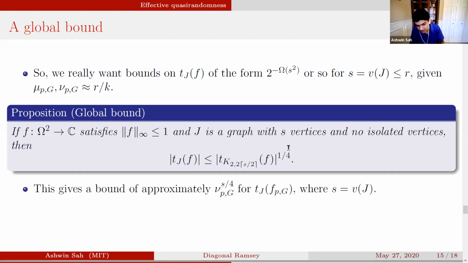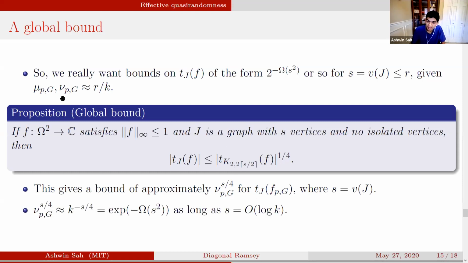But you can see that, just remembering our bound on these K2D densities, this gives a bound of approximately nu to the power of s over 4, where s is the number of vertices of J.